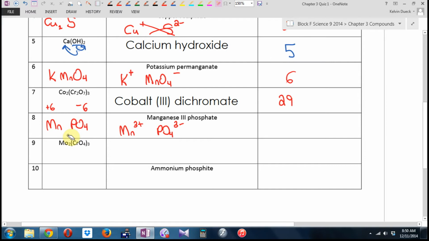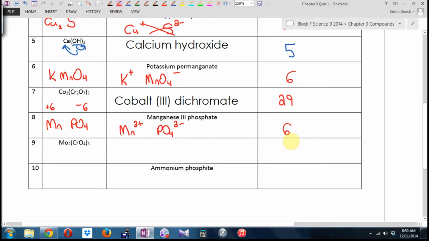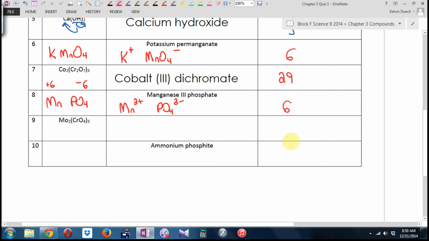And how many atoms are there? 4, 5, 6. Mo. What the heck is Mo? Oh, element 42, molybdenum. Oh, multivalent. Roman numerals. What charge? Well, let's see.